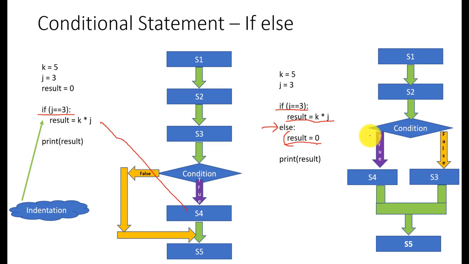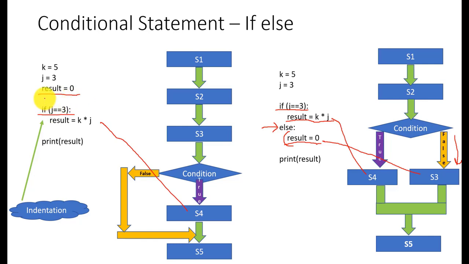As you can see in this flowchart as well, if this condition is true, if the true path is set, then we are executing the statement result is equal to k into j. However, if this condition is false, then we execute this path and the statement S3, which is result is equal to 0, gets executed.